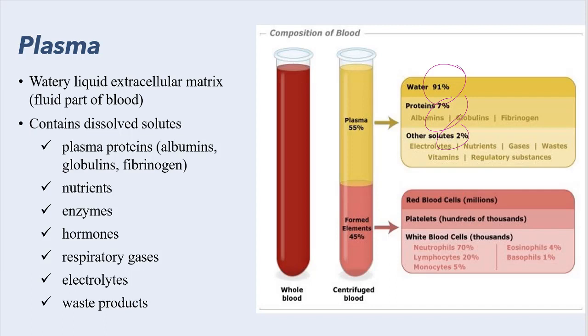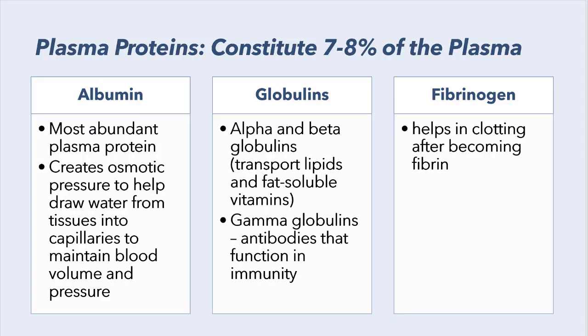Let's talk about those plasma proteins and their function in the blood. Around 7 to 8% of the plasma is plasma proteins. Those are the three major ones. Like I said, they are synthesized or produced in the liver. Albumins would be the smallest, however, the most abundant plasma protein, and its major function is to help maintain osmotic pressure.